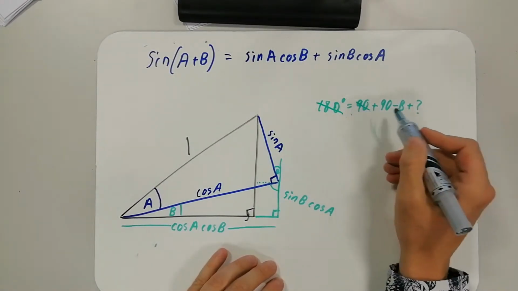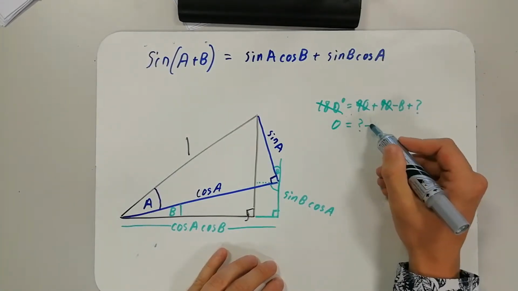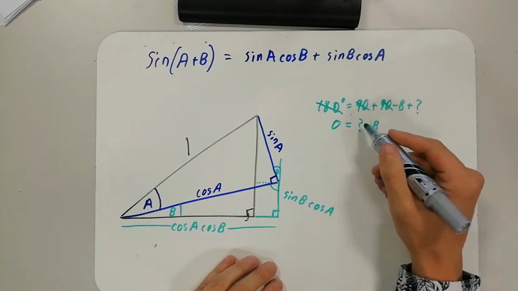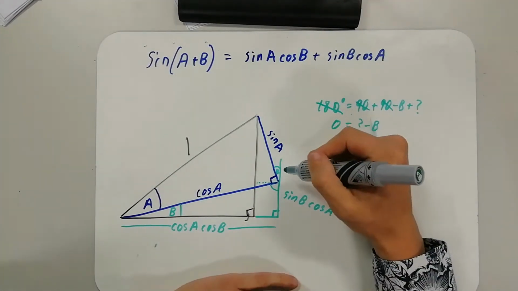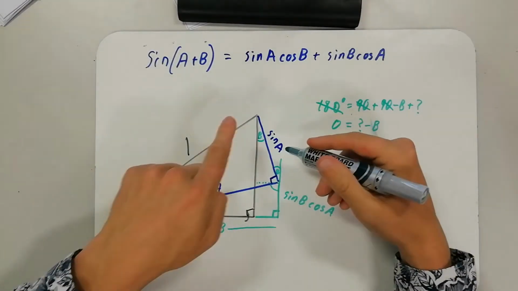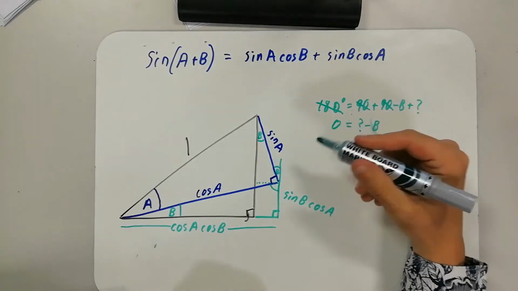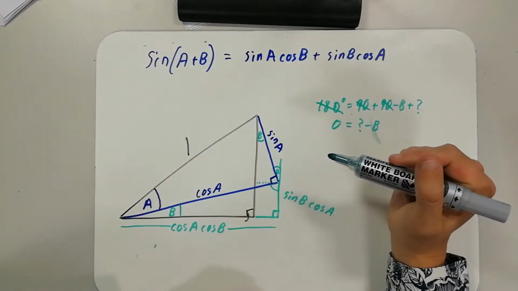The 180 will cancel with the 2 90 degrees, and we're left with 0 equals something minus B. That unknown angle must be B. Okay. So we've got that, and therefore, using your parallel lines rules from GCSE, you can see that that angle is also B.